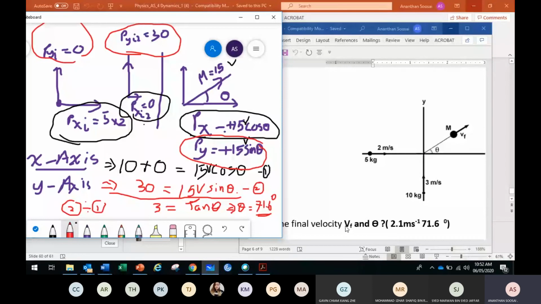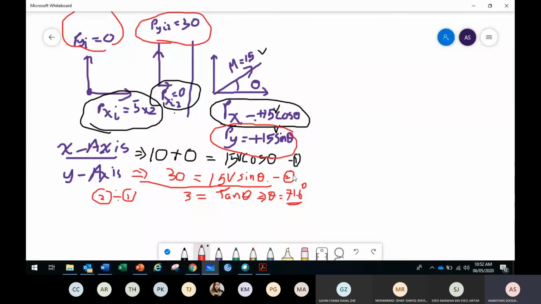Okay, next, get me the answer for V final. Just substitute the 71.6 inside one of the equations and you can find V. I believe you should get 2.1. Substitute in the first equation: 10 equals 15 V cos 71.6.